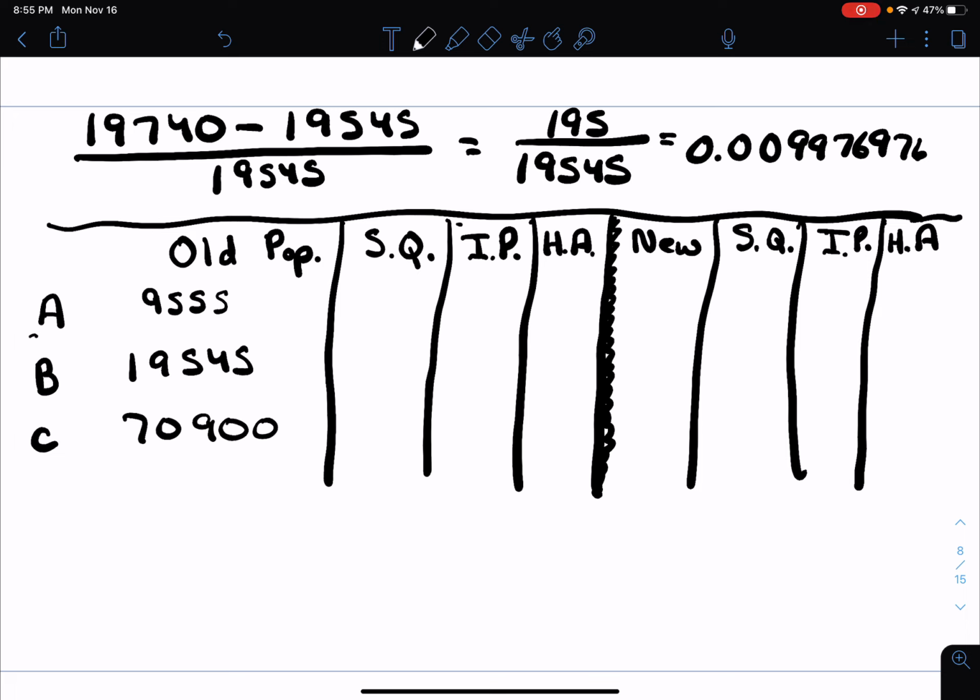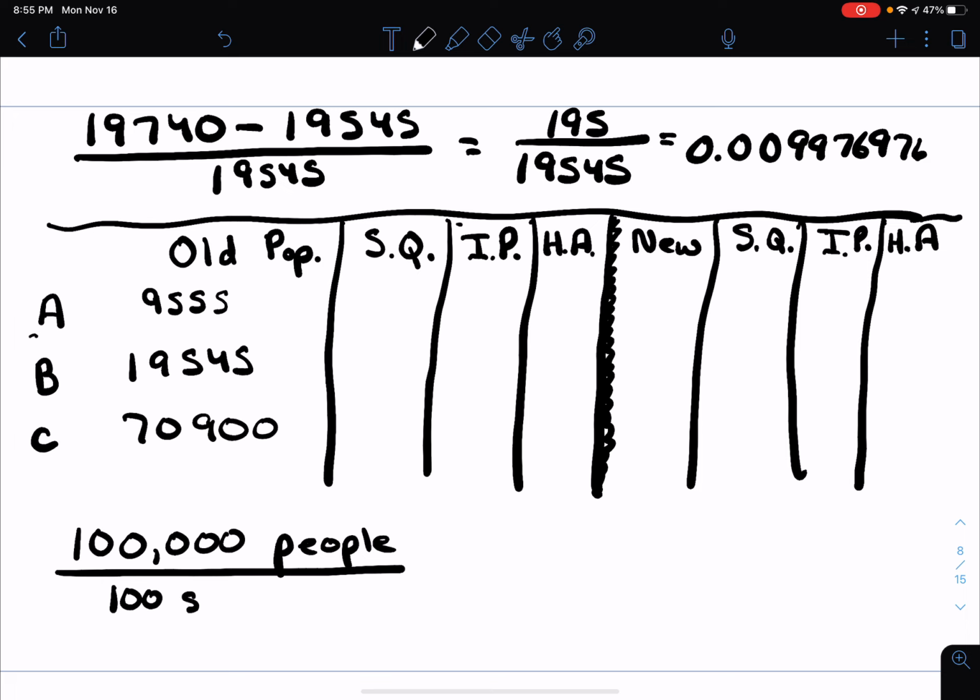So we have 100,000 people divided by 100 seats equals 1,000 for our standard divisor. So that's what we're going to use. We're going to say 100 seats for these 100,000 people. Use that standard divisor and go through and work this out.